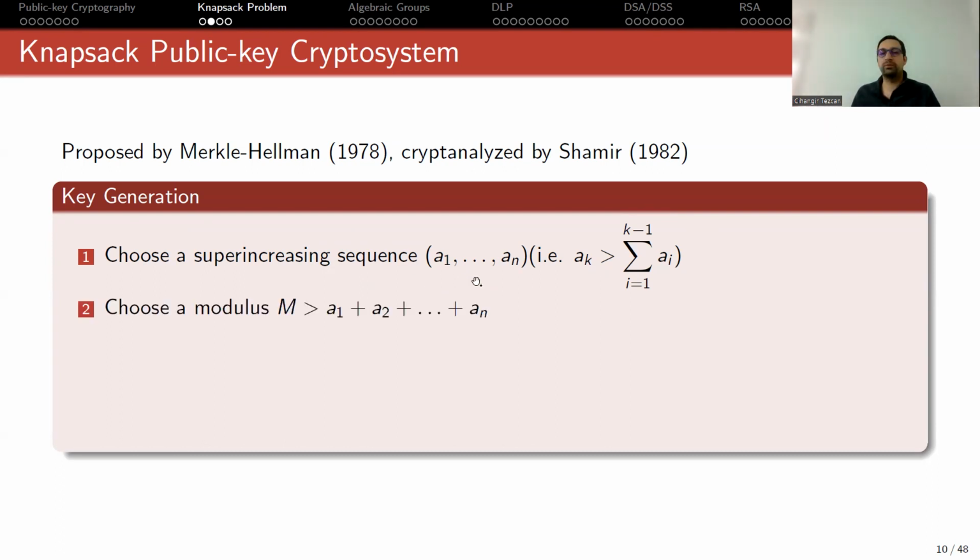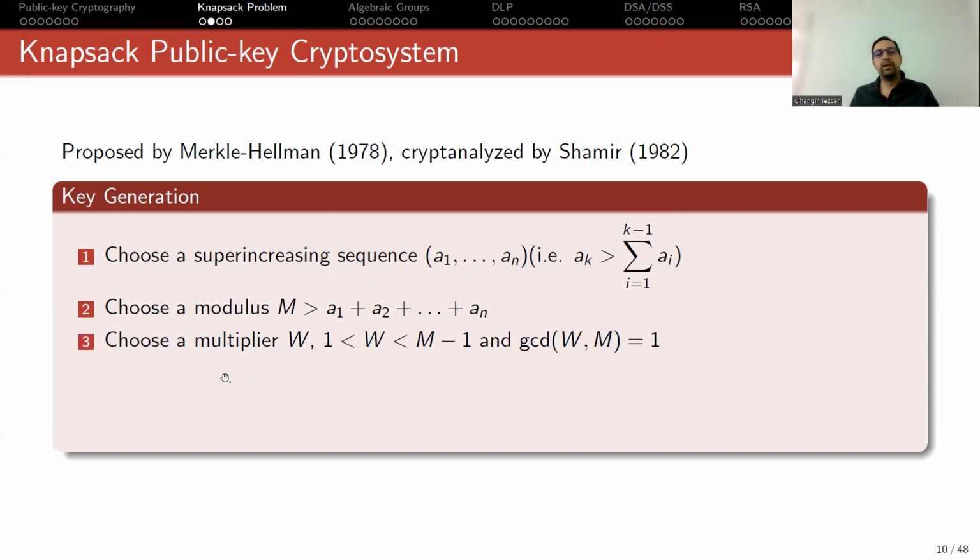This is what we mean by super increasing. You choose a modulus M, which has to be larger than the sum of all of the a_i. You choose a multiplier W, which has to be between 1 and M-1, and the greatest common divisor of W and M should be 1, so they have to be co-prime or relatively prime.